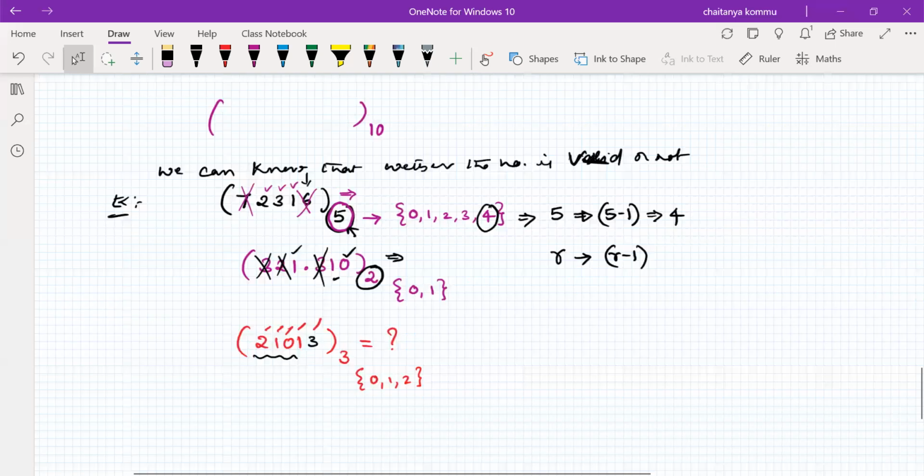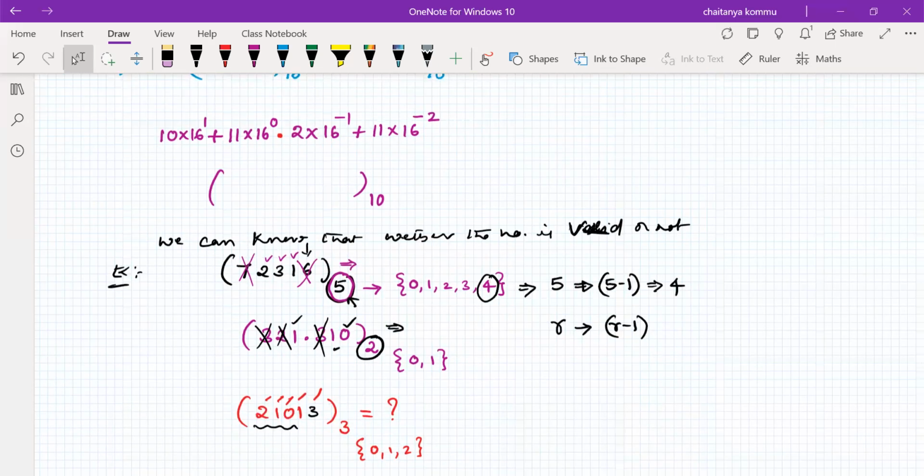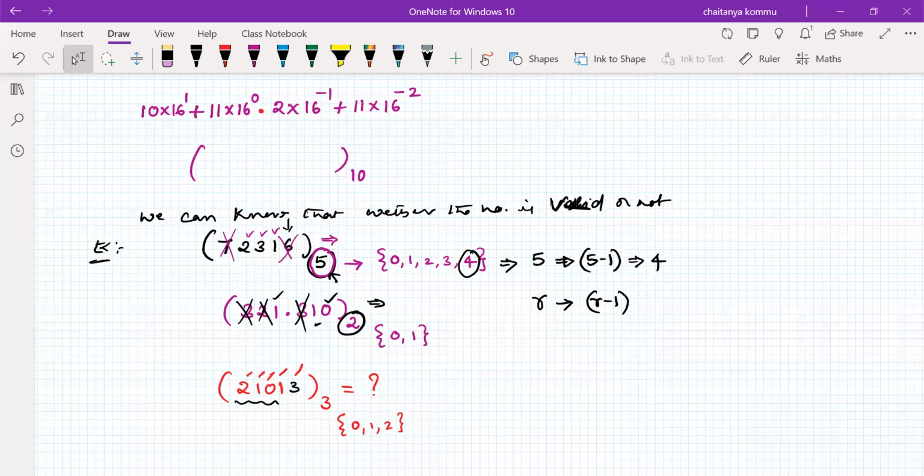Fine. So I hope you understand how we convert this. Don't worry about it. A fractional part is there in the number system also.